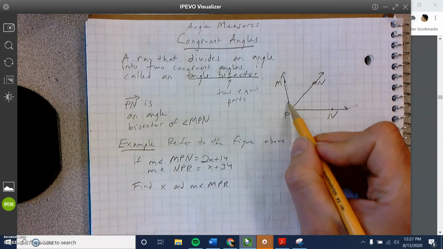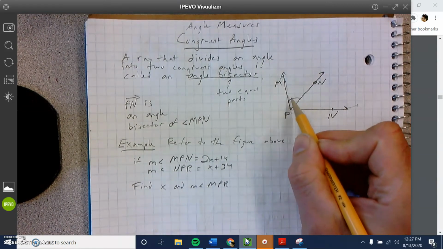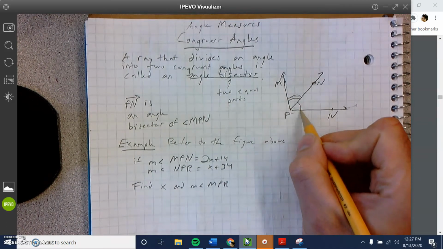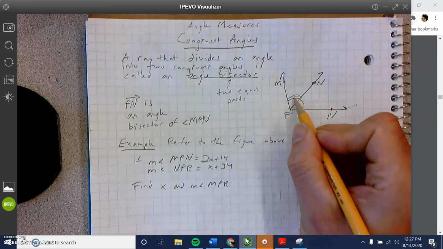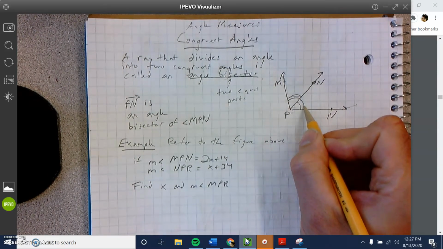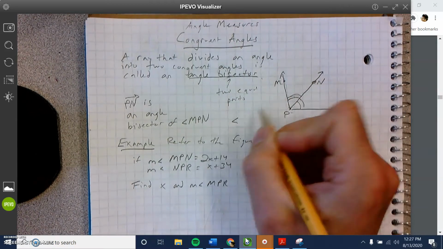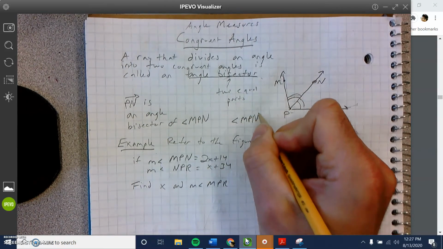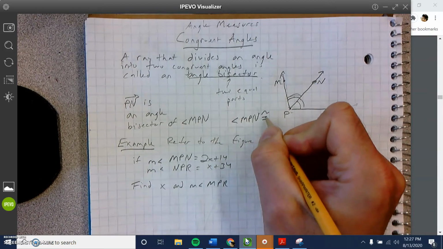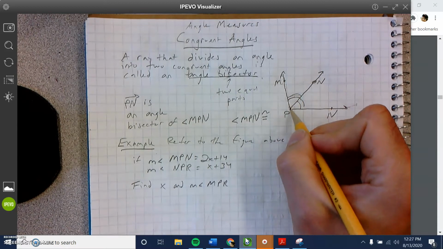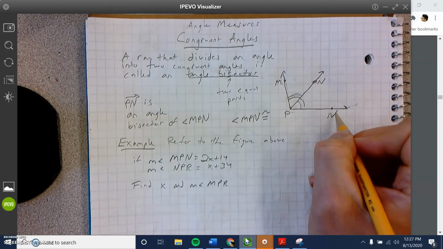So that means that this angle, and you do one little curved line or two curved lines, as long as you have the same, and here it's two curved lines, so it means that this angle and this angle are the same, which means that angle MPN is congruent. You do it by an equal sign and a little squiggly above.